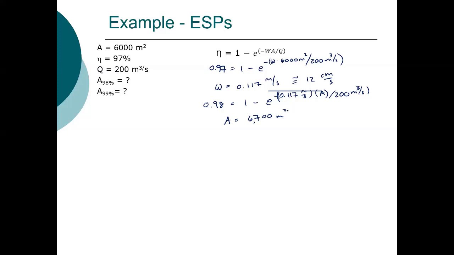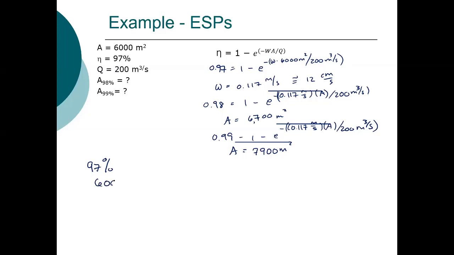If we then look at 99%, again, we're looking for area, divide by 200 meters cubed per second, and the area we calculate would be 7,900. So we've gone from 97%, where we needed 6,000 meters squared.